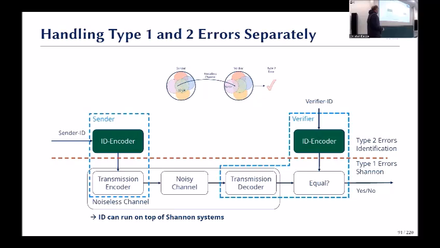And then, of course, finally, we can insert here on the Shannon system an ID encoder. So we have here an ID encoder, and we send the randomized selected message over this noisy channel, which can be regarded here as noiseless, because we know from Shannon theory how we should select this, and then we just do our ID encoding.